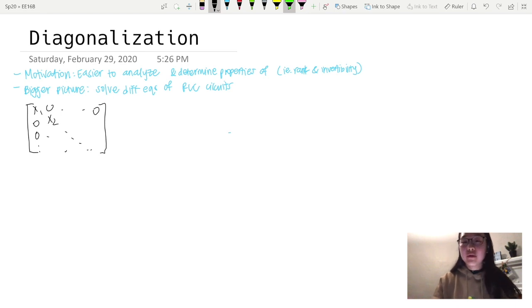So as you can see with this matrix, calculations become a lot easier because it's either just a number or zero, and you can disregard having to think about and manipulate a lot of the other entries in the matrix. That's also why with diagonal matrices, it's much easier to determine properties, for example, whether they're full rank or not, or whether they're invertible.